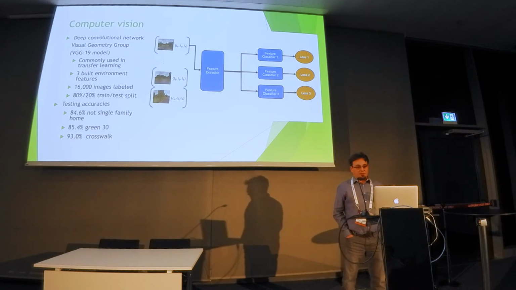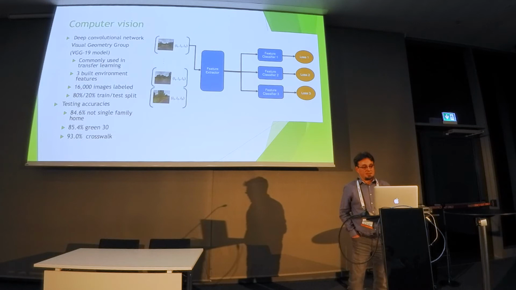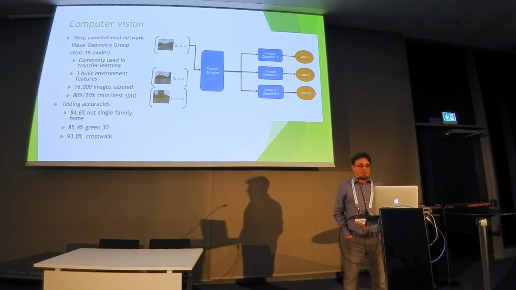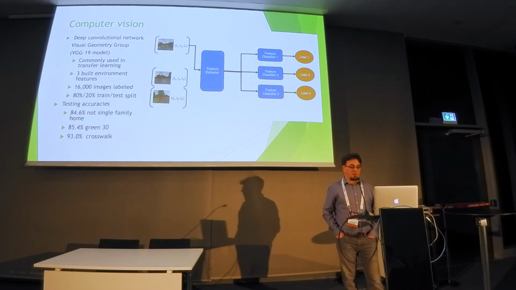And then we do the traditional machine learning testing paradigm where we split, in this case, 80% for training the model and 20% for testing. So we fine-tune the VGG model using that training set. Then we evaluate on the testing set, and we obtained accuracies in the mid-80s for 2 of the indicators, the single-family housing and whether the streets were green or not, and then 93% for the presence of a crosswalk.